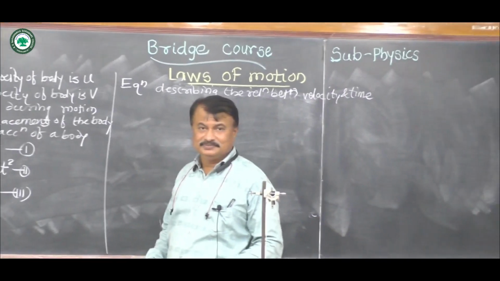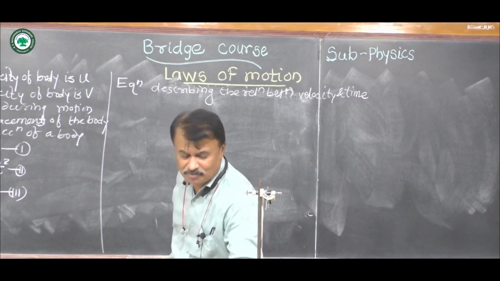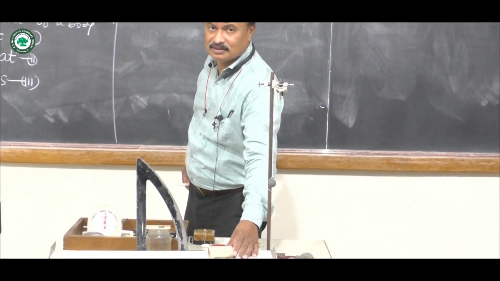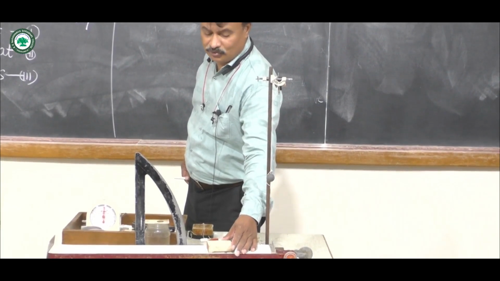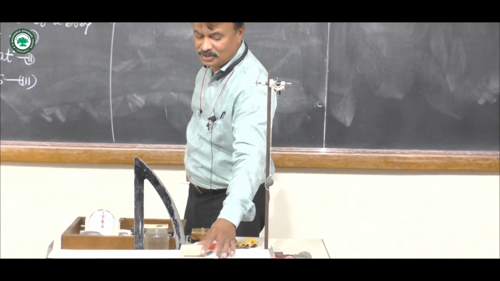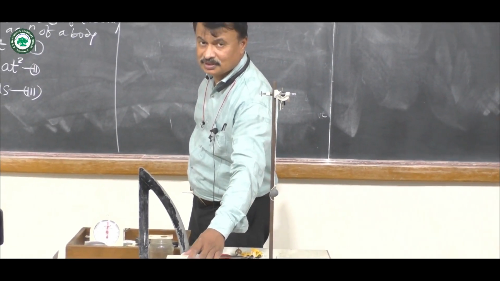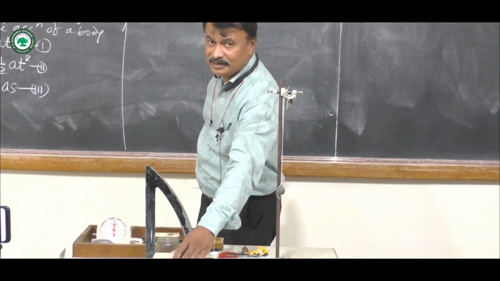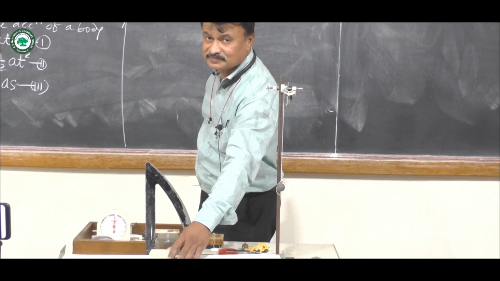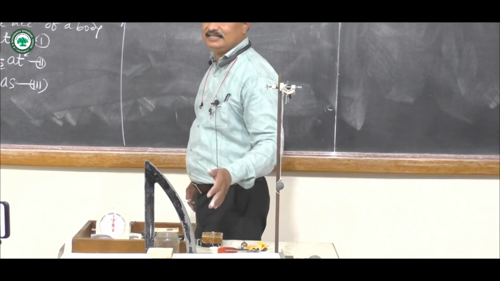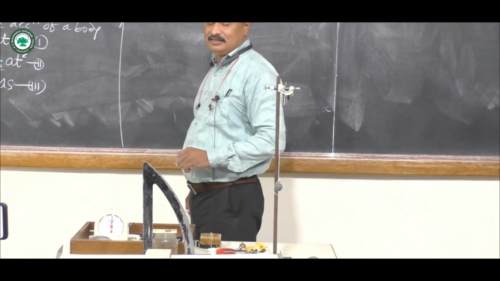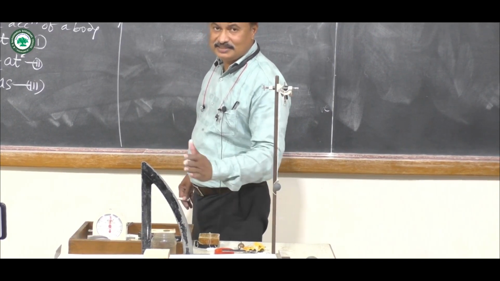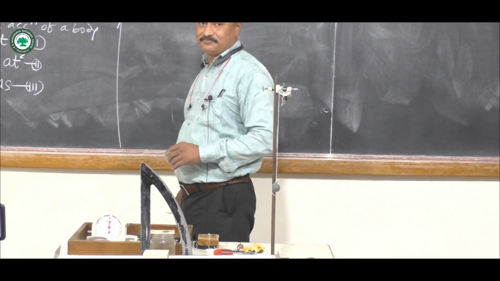For that purpose, consider an object of mass m moving with initial velocity u, its final velocity is v after time t, then acceleration related with this one is a, and displacement during the motion is given by s.